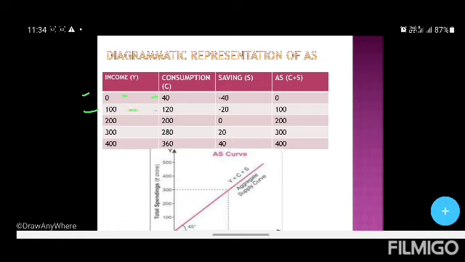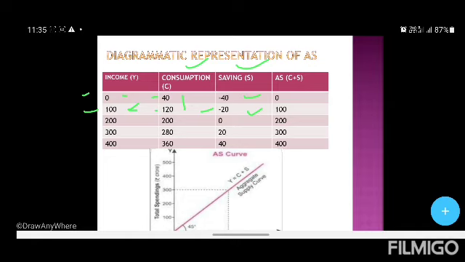Here the saving is negative, because the part of consumption which is not supported by the income is fulfilled with the help of saving. That means if our consumption is more and income is less, we utilize our savings to fulfill our consumption, because there are some necessities of life which have to be fulfilled. Therefore, the income is less than consumption and the saving is negative.